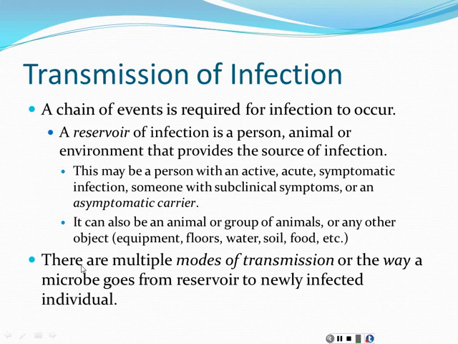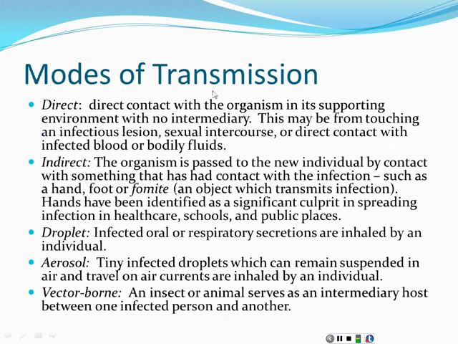All right. There are multiple modes of transmission. This is just how the microbe got from point A to point B. So direct is kind of just what it says. This is direct contact with the organism. It can be from touching an infectious lesion, sexual intercourse, direct blood or bodily fluid contact.